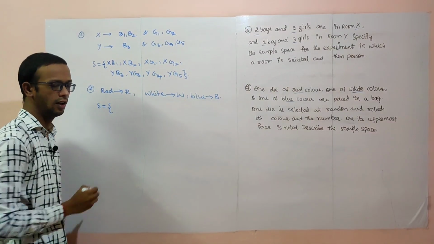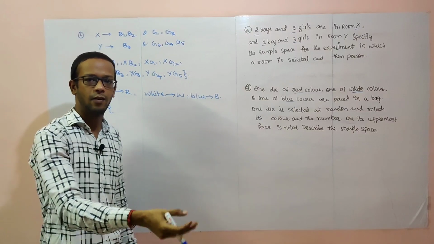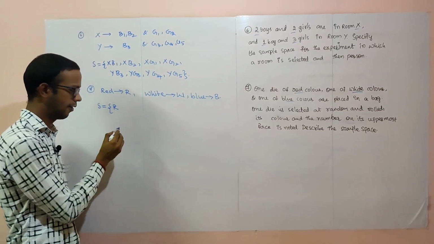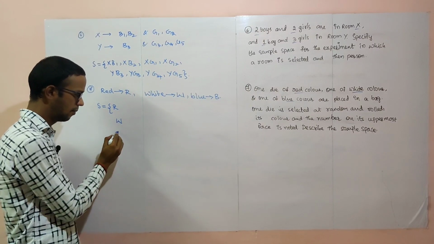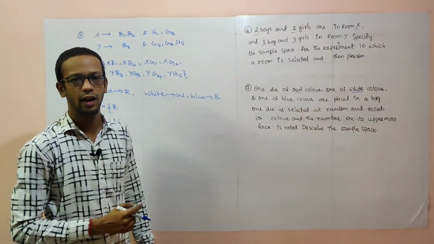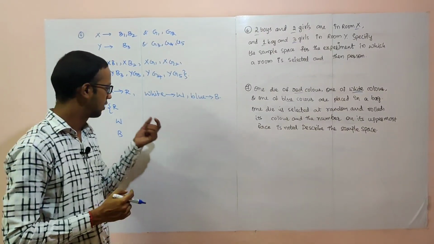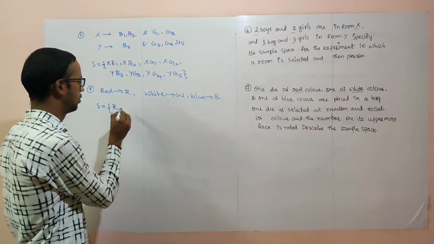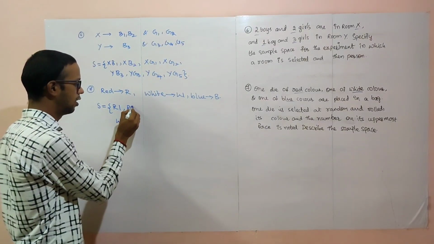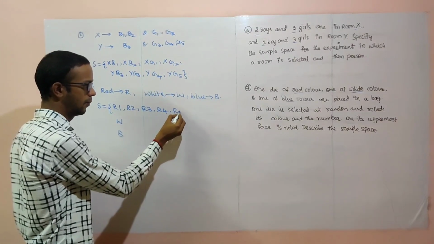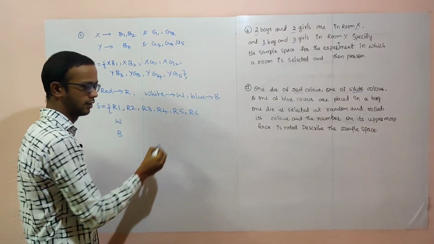The sample space: first, you select the die, which may be red or white or blue. After selecting the die, we have to throw the die. What are the outcomes? 6 outcomes. So red 1, red 2, red 3, red 4, red 5, red 6.